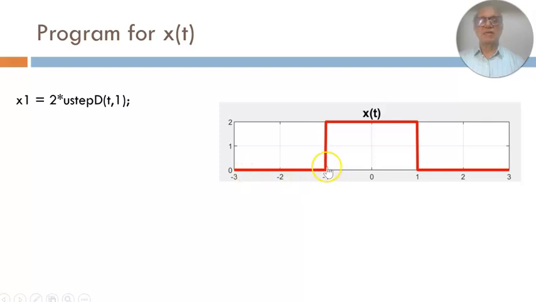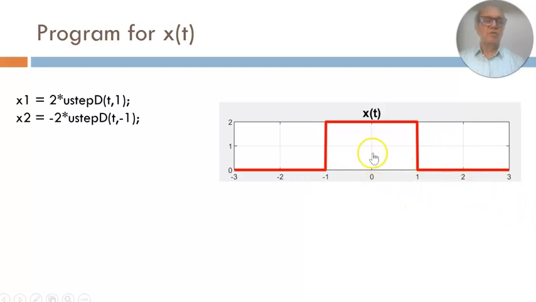So it starts from -1 and goes all the way up to 3, because we are using the same time vector. Then x2 is -2 u step, and now it starts at 1, delay of 1. Remember, for this unit step function with a delay, negative sign was for delayed. So it will start like this. We'll have a -2 value because of the negative sign.